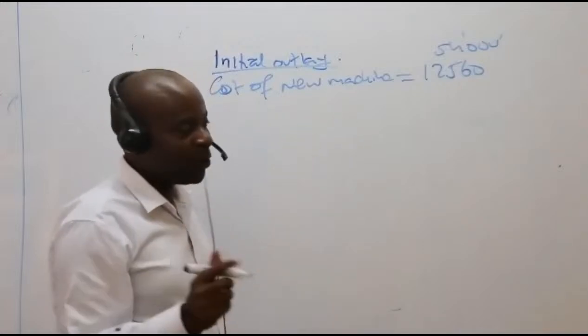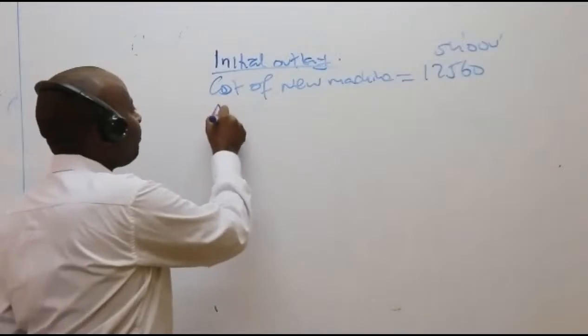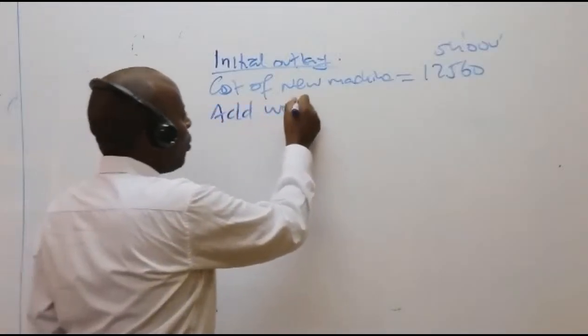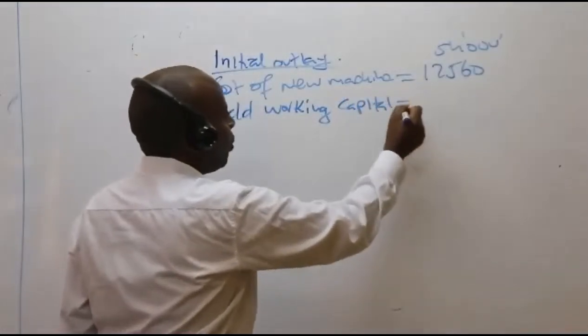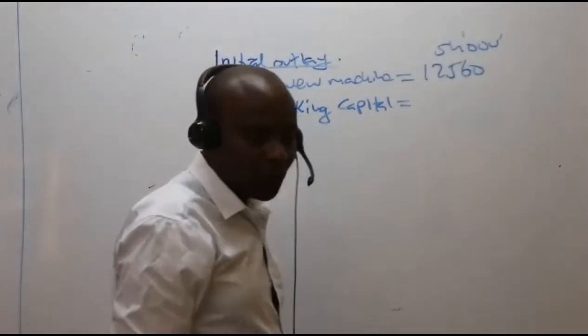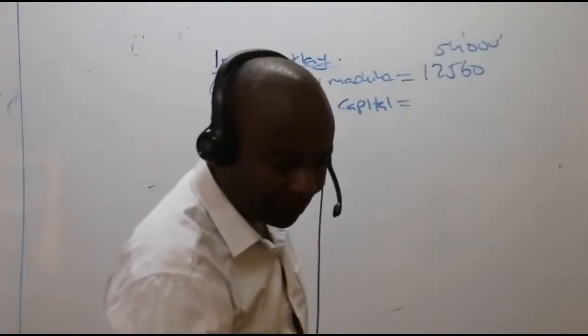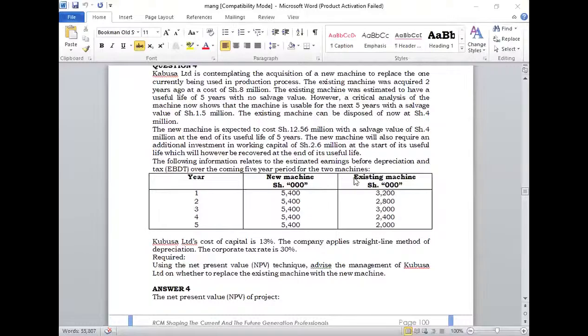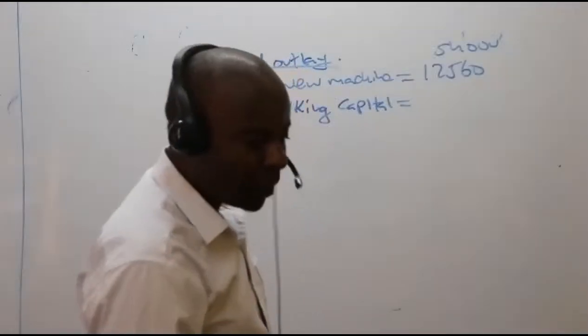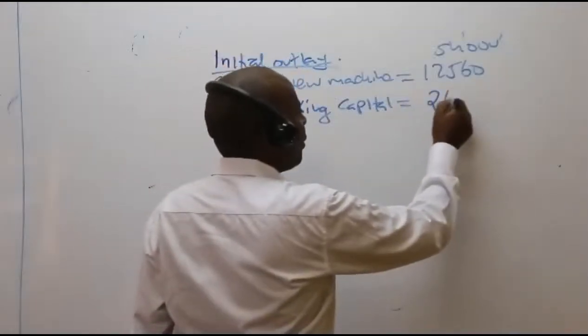There is working capital. So in this case, add working capital of 2,600. There is additional working capital of 2,600.